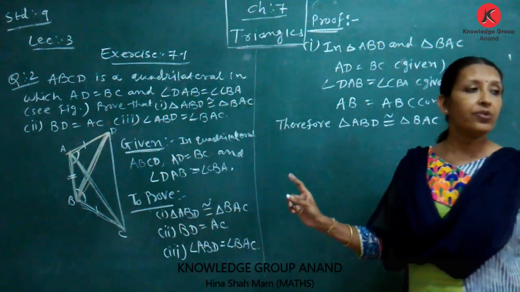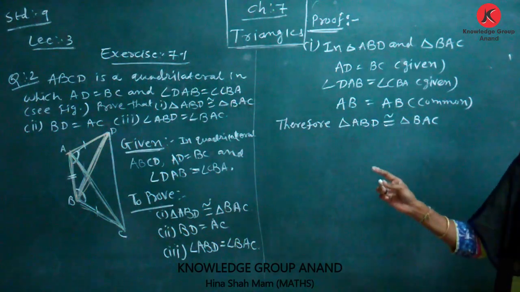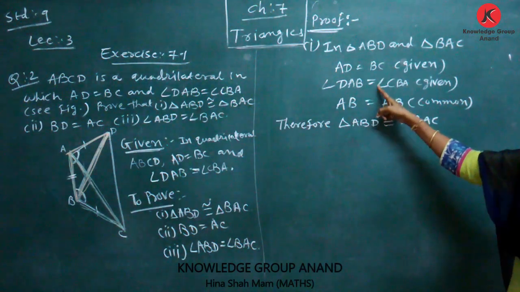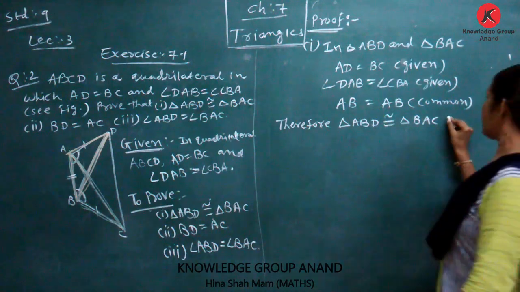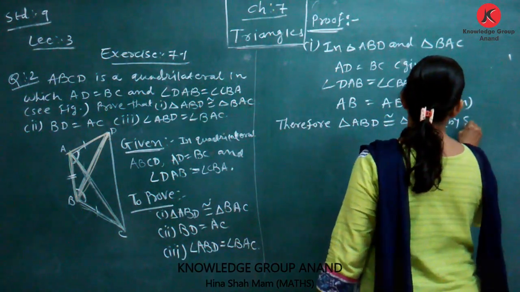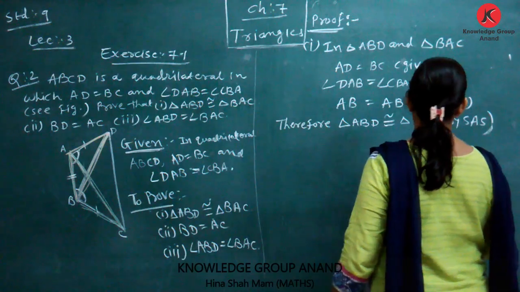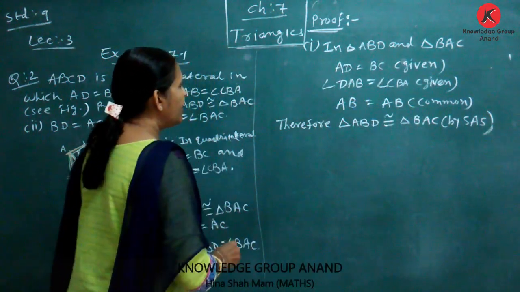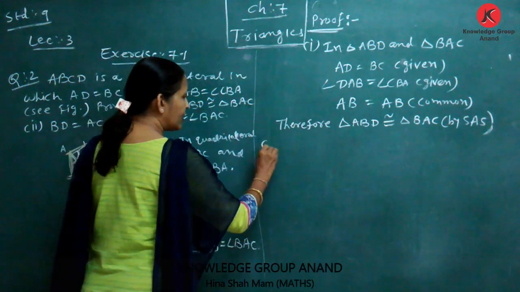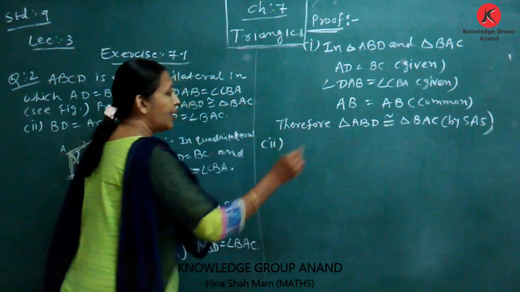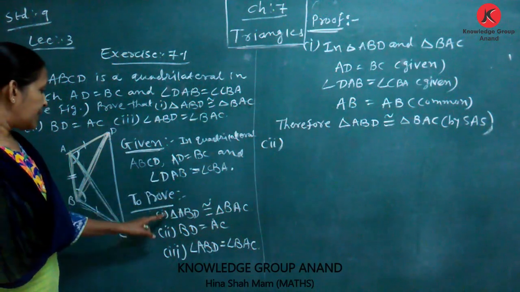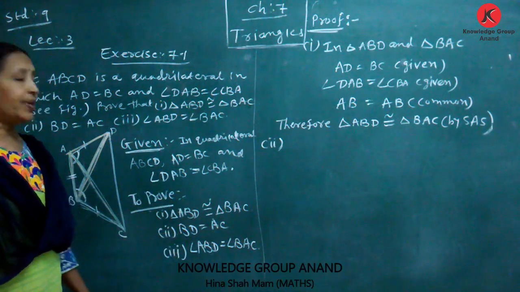Which criterion do we use here? Anybody says? Yes, SAS. By SAS. Number 1 we have proved. Number 2: BD is equal to AC.